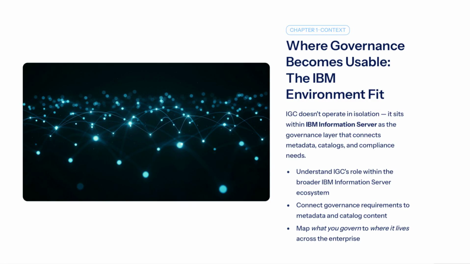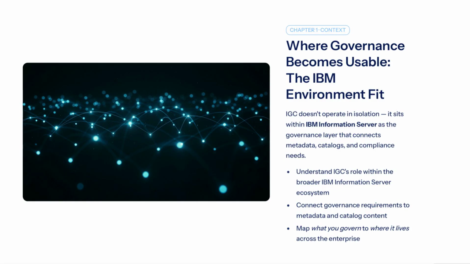The IBM Information Server environment provides a comprehensive framework for managing and governing information assets. It fits the IBM Information Governance Catalog, IGC, perfectly. In this environment, the IGC operates as a governance layer that connects metadata, catalogs, and compliance needs.